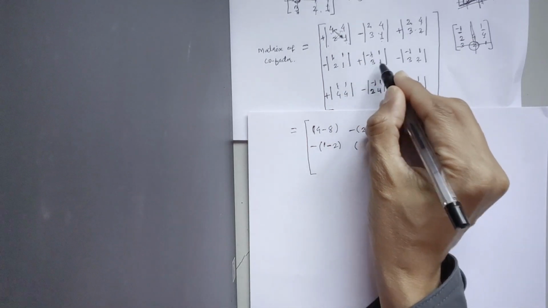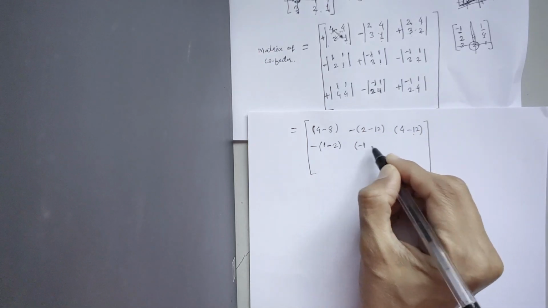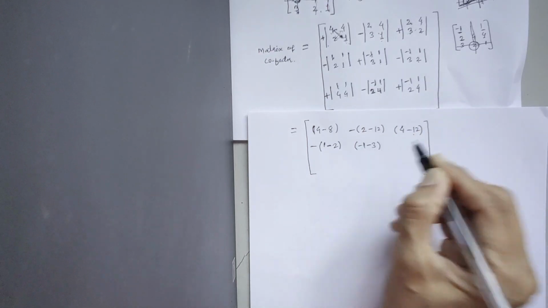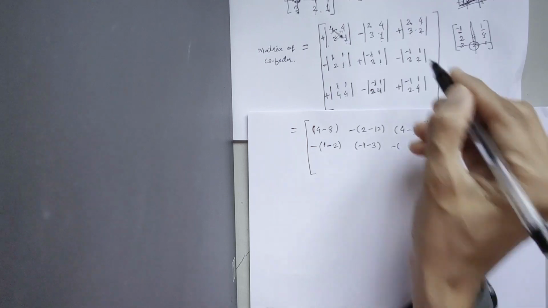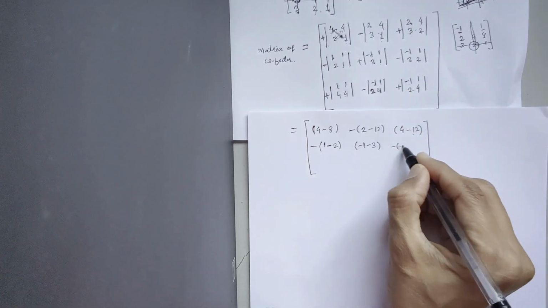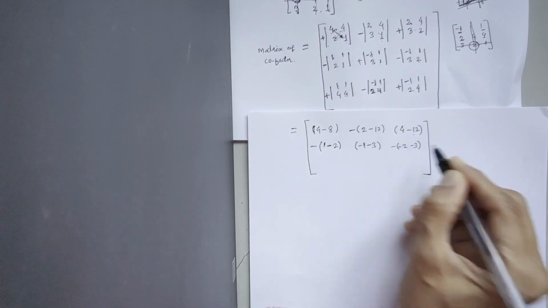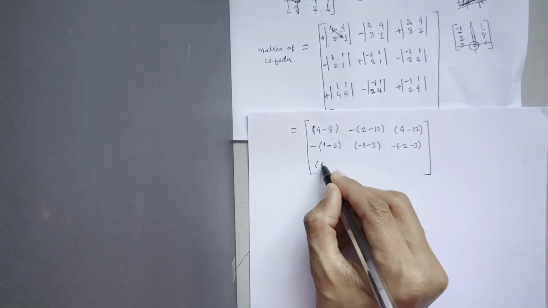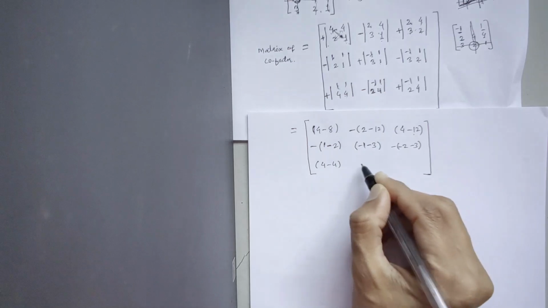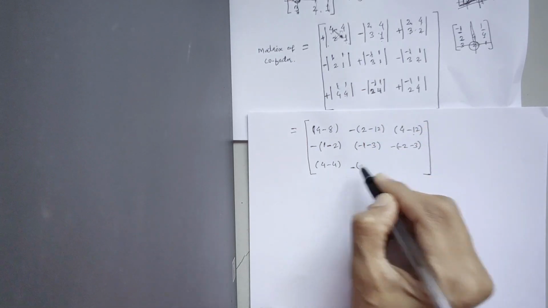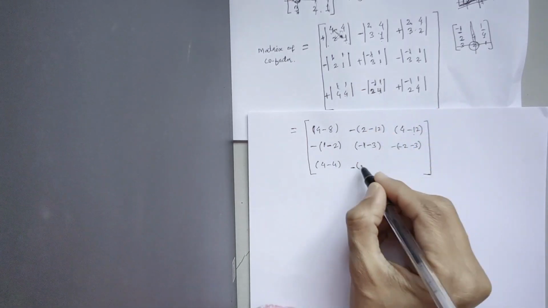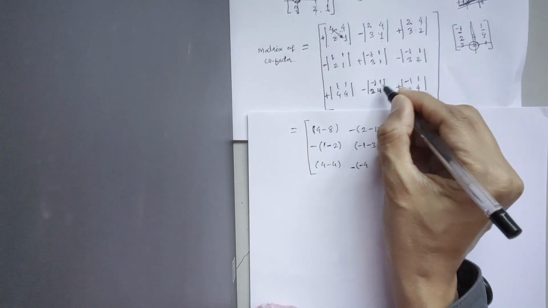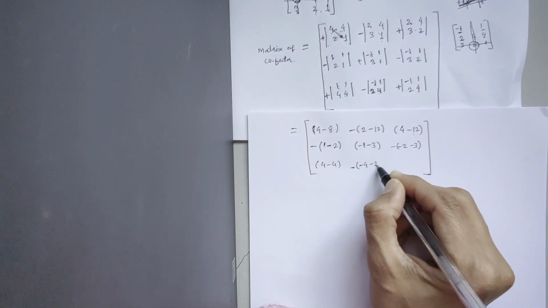Next, minus 1 into 1 is minus 1, minus 3, minus sign outside, minus 1 into 2 is minus 2, minus 3. Plus sign I am not writing, 1 into 4 is 4, minus 4, minus sign outside, minus 1 into 4, 2 into 1 is 2.